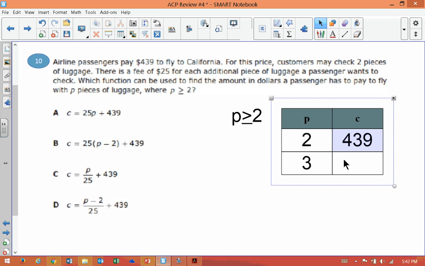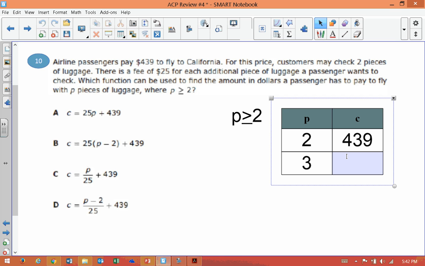The minute I add that extra piece, and now I have 3 pieces of luggage, there is a fee of $25 for each additional piece. So that's 1 additional piece. I'm going to take $439 and add 25 to it.